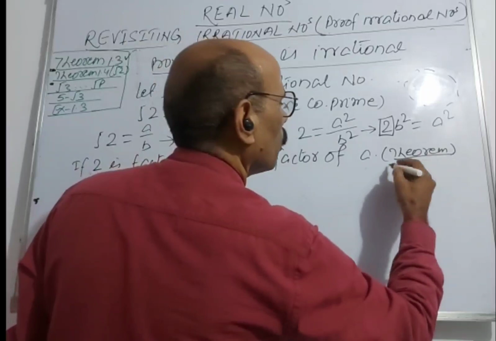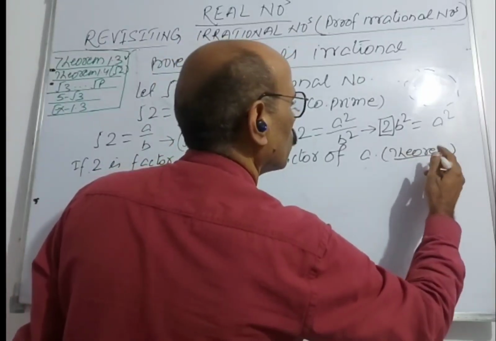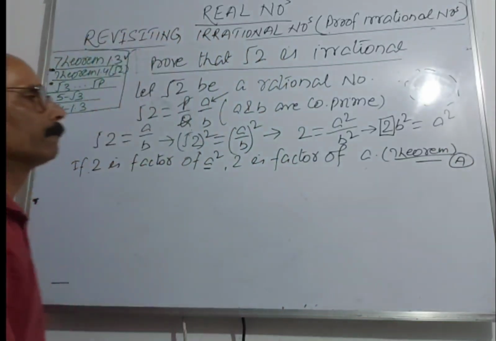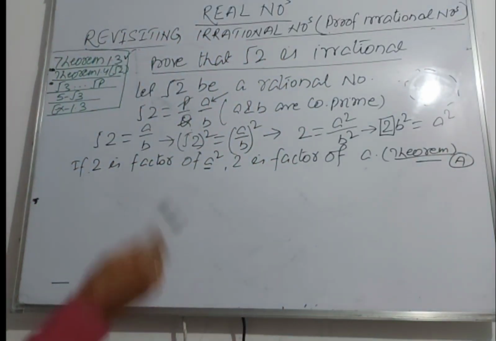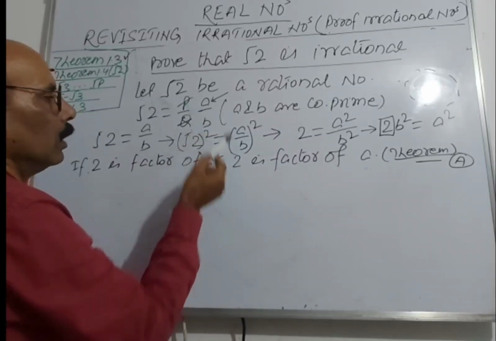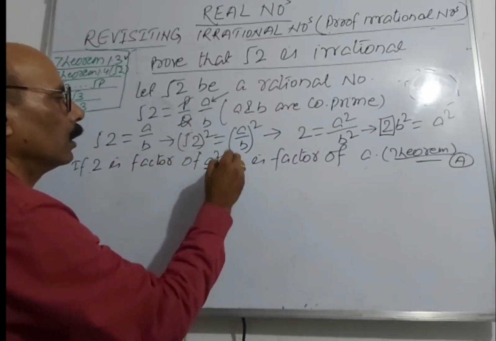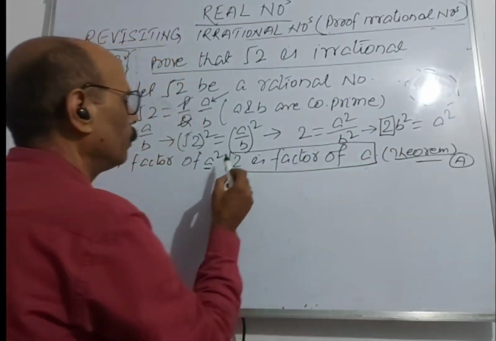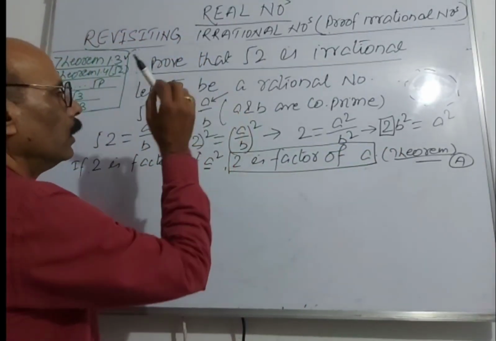Give a name to this equation, suppose this is equation a. Now we have to prove that 2 is a factor of b also. We have proved that 2 is a factor of a.